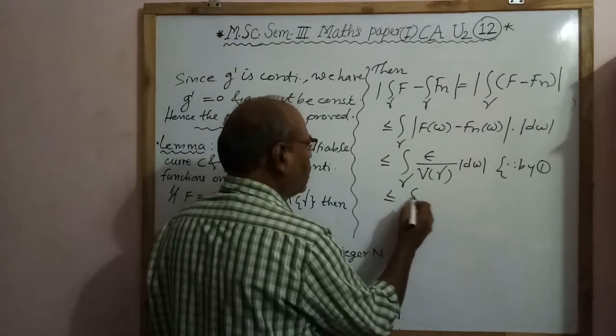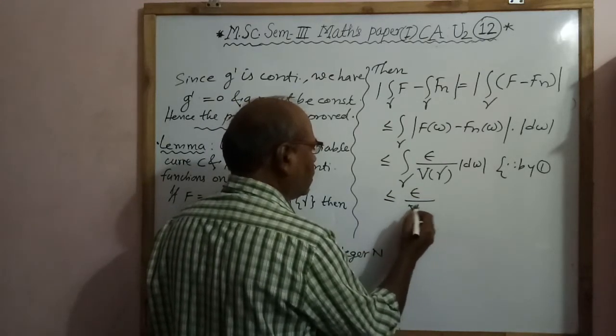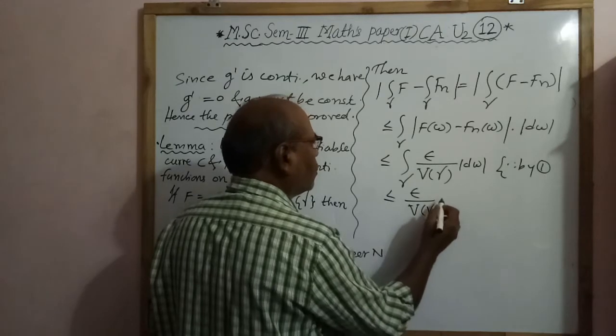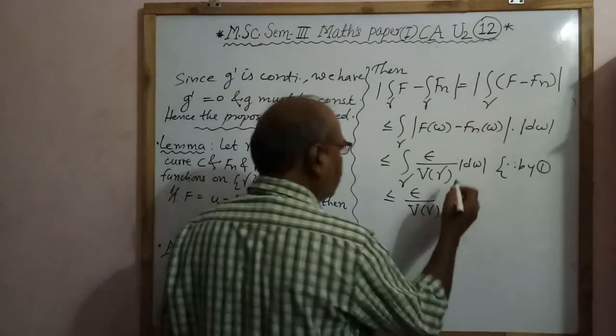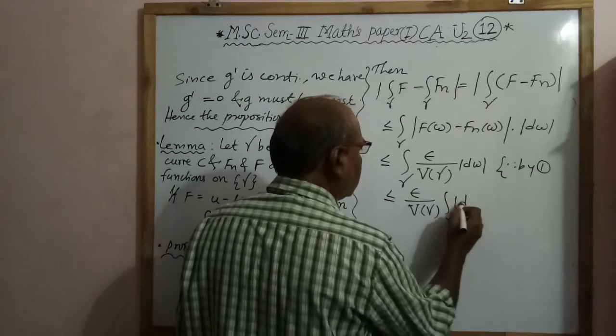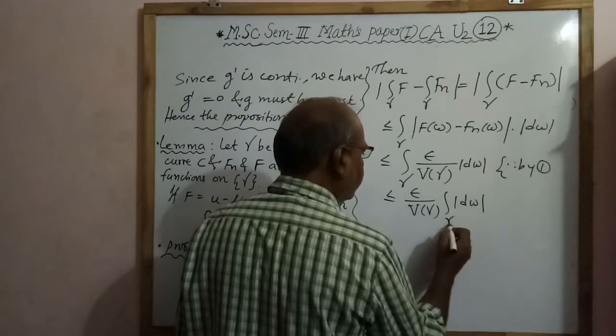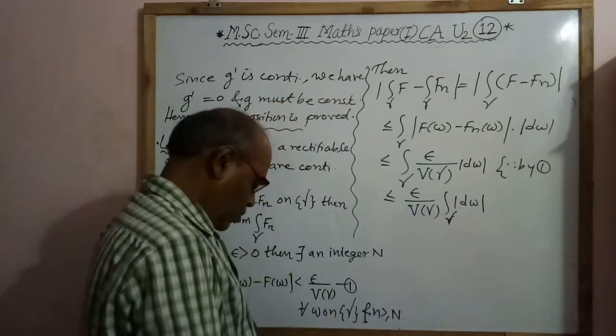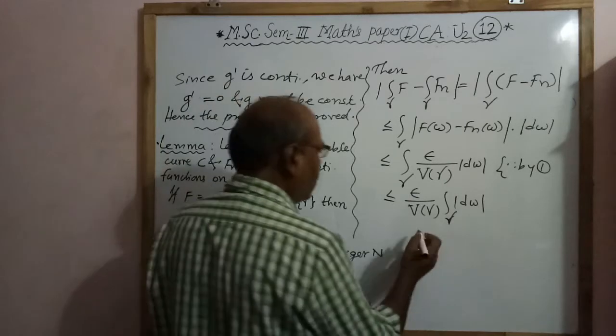Now this is constant, taken outside the integration sign. Then we have the integration of mod of dw, which is nothing but the length of gamma.